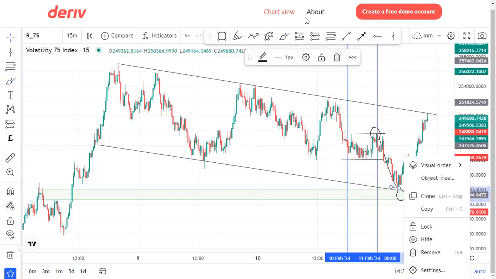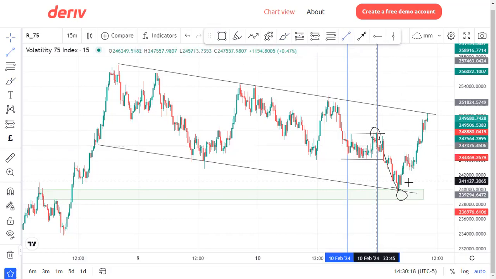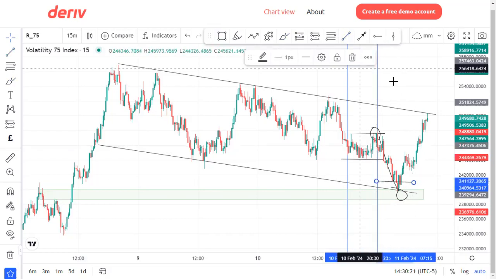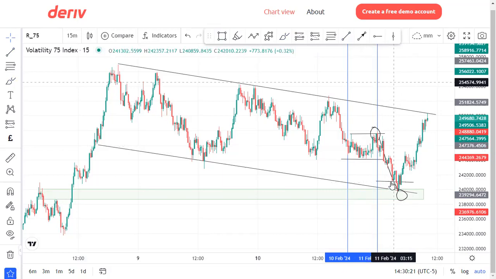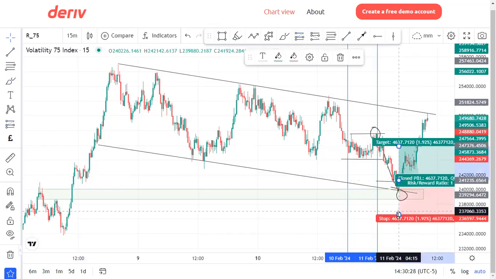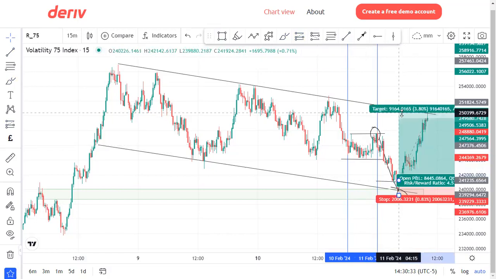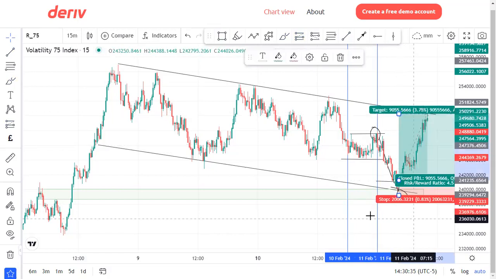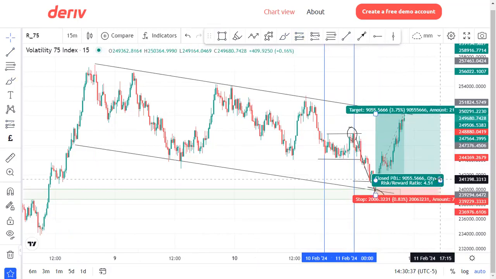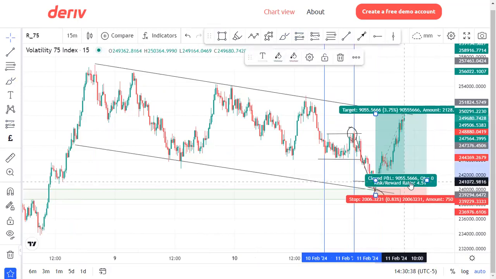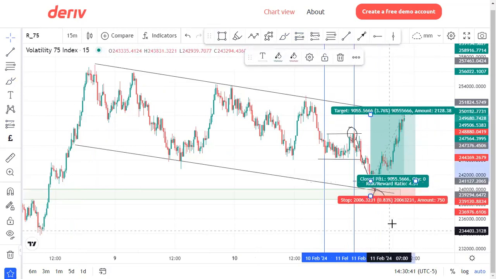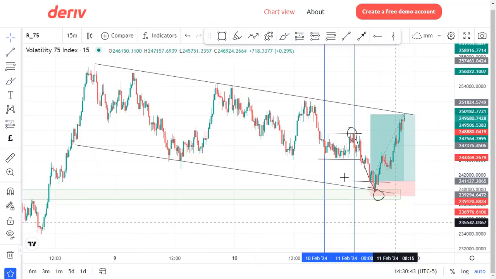So if you notice, because we don't have much time, we had a stop hunt here. So I waited until this market closed inside this stop hunt, then put my stop loss, then I targeted the next trend line. If you want, I can show you my results of this trade I took today on V75.